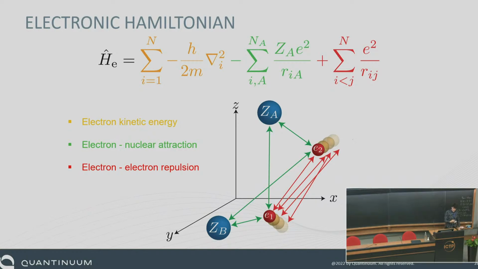So the problem that we're trying to solve with the electronic Hamiltonian is actually this one. This should be squared, I apologize. This is the Coulomb interaction, the charge interaction.